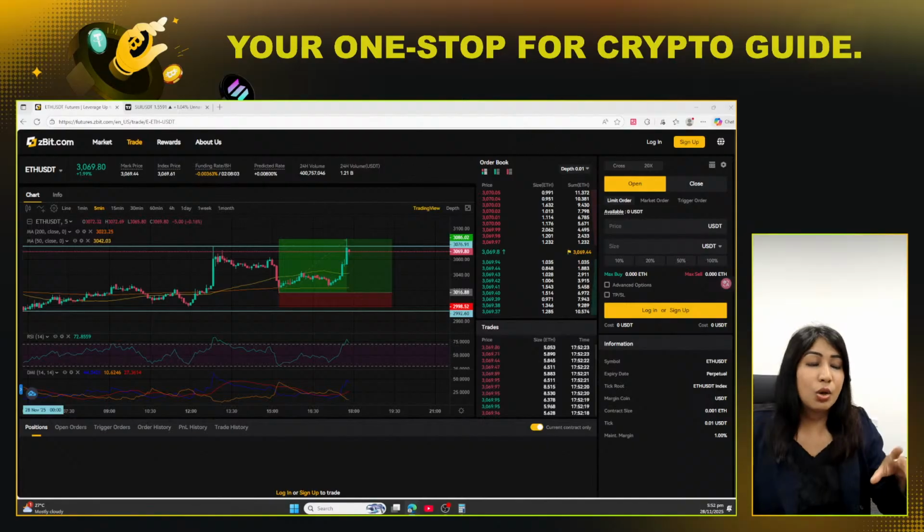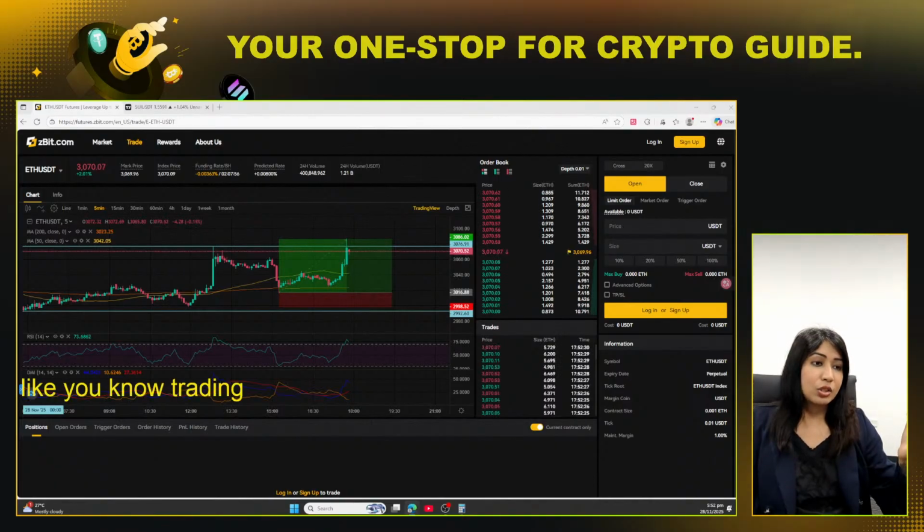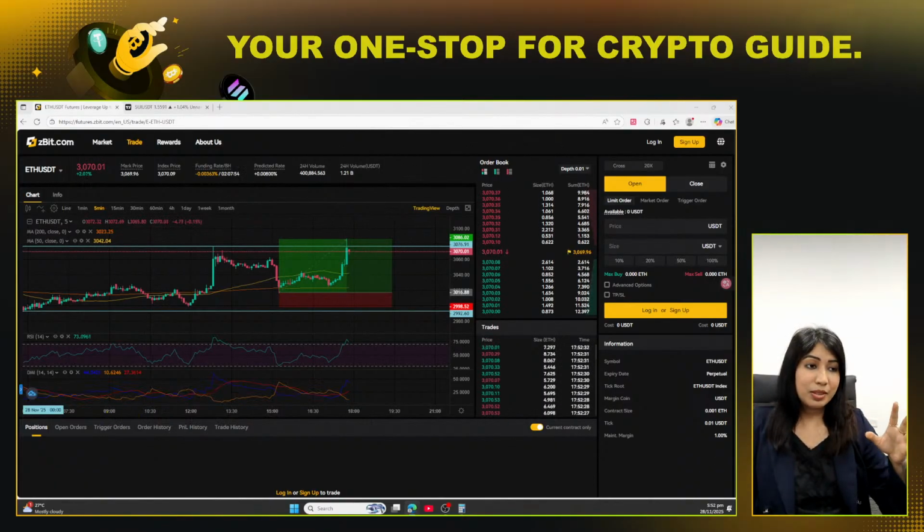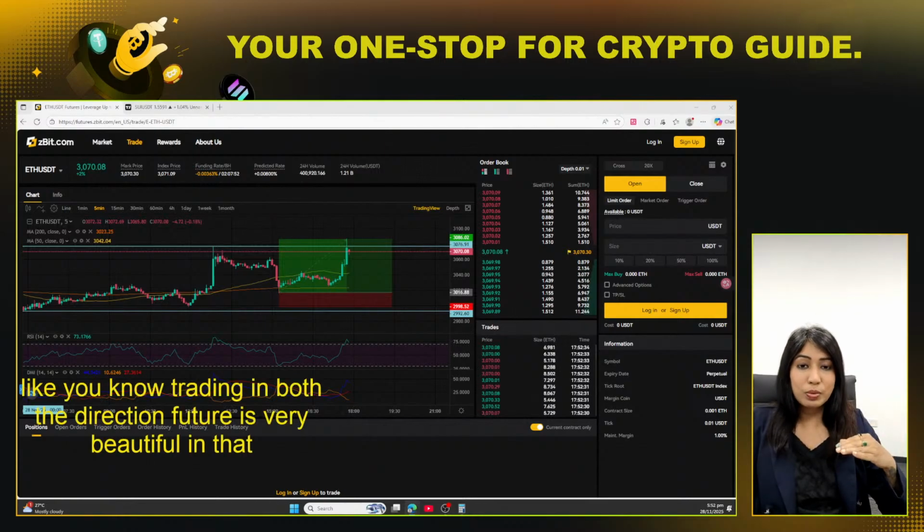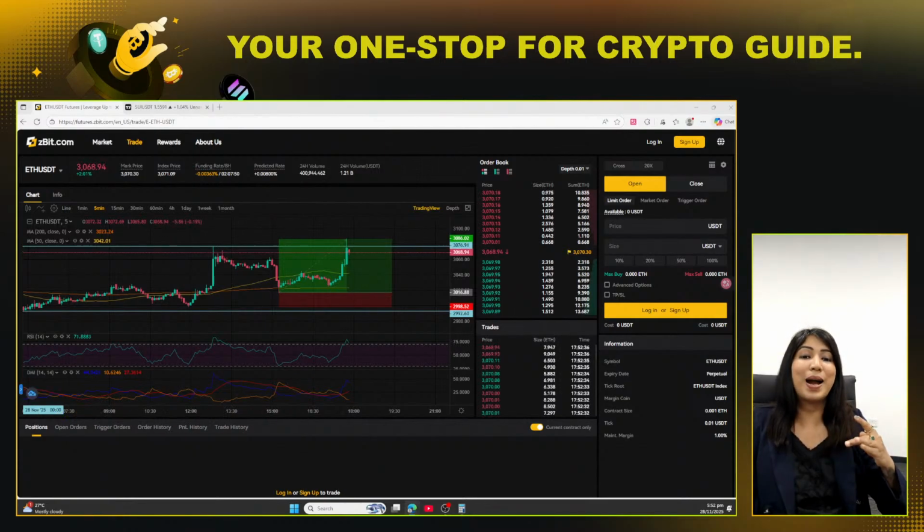But in futures, the only difference is you are basically trading in both directions. Futures is very beautiful in that sense, whereas in spot you are just buying low and selling high. Unless you hold units in your account, you will never be able to sell.